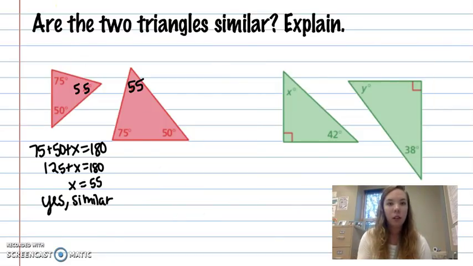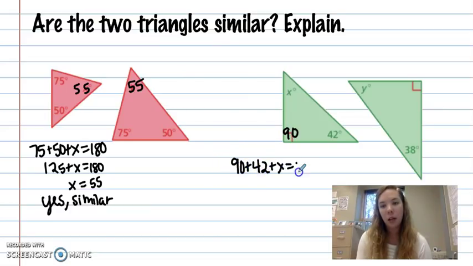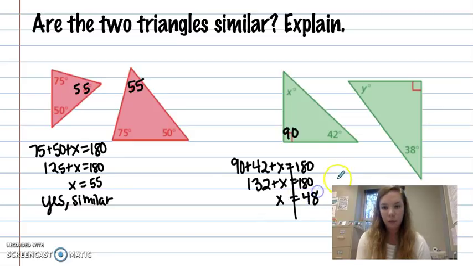All right, here we have 90, 42, and X. So I'm going to take 90 plus 42 plus X equals 180. So 132 plus X equals 180. So X equals 48. Okay? So I have 48 here.